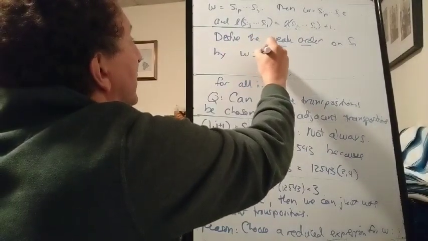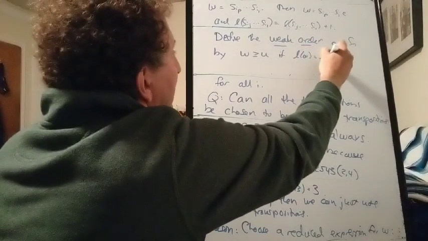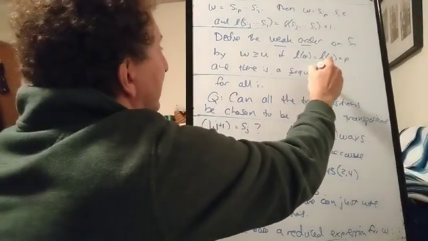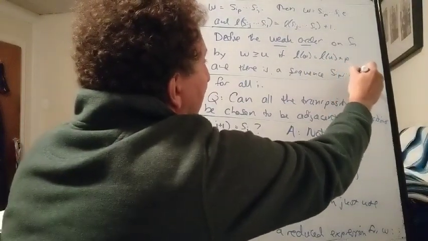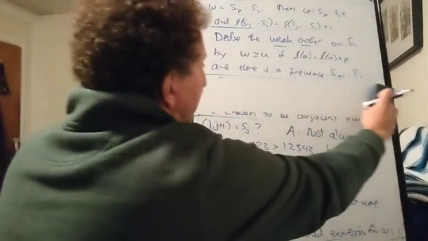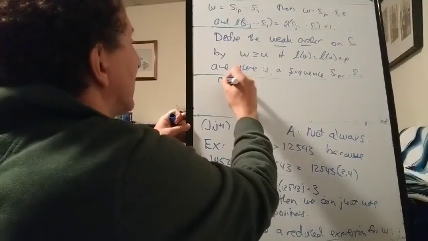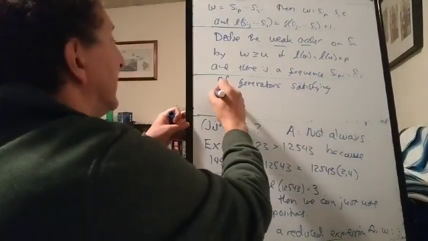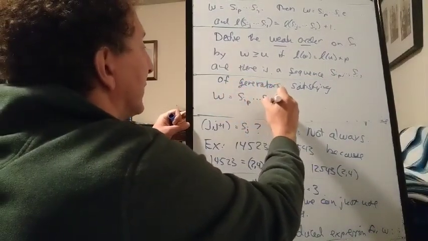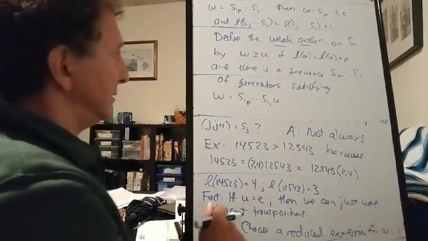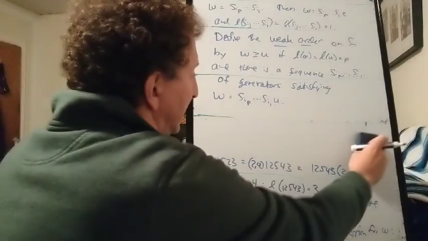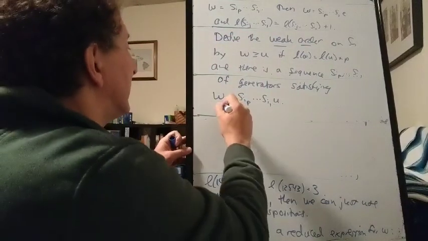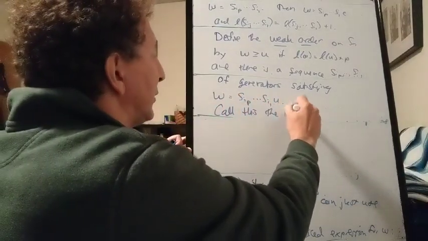So W is greater than or equal to U if the length of W equals length of U plus P, and there is a sequence S_iP through S_i1 of generators satisfying W equals S_iP through S_i1 U. I guess we could call this the left weak order because we're multiplying on the left, and there's a right weak order also. So let's call this the left weak order.